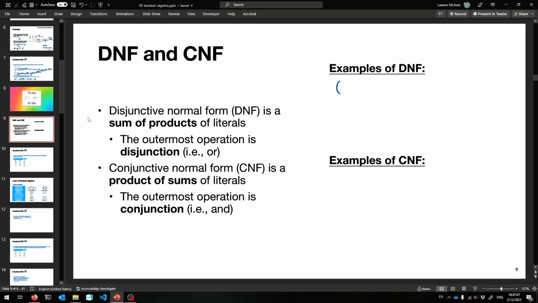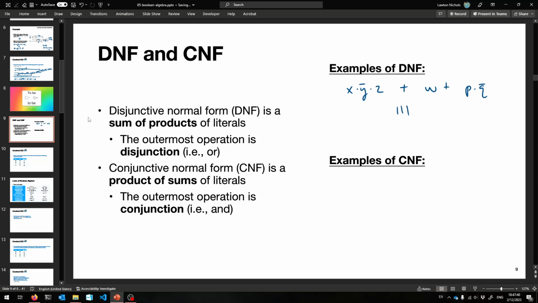You have a bunch of products of literals, so like x times y bar times z, and then you can have as many others as you want. That's a product of literals by itself. That works. P times q bar. So that's a bunch of products of literals, and then a disjunctive normal form formula is a sum of those things, so plus at the outermost level. All right, so that's what's going on there.